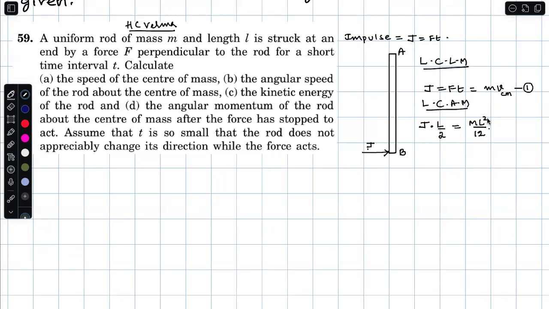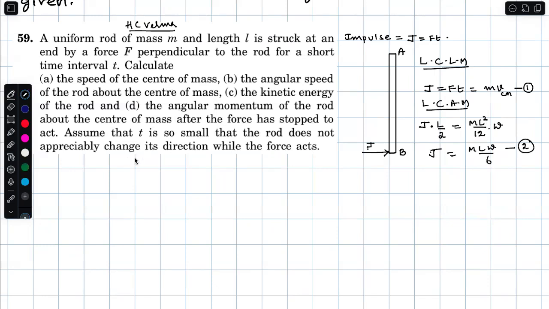So therefore, J into L by 2 equals M L square by 12 omega. With this you can write J as M L omega by 6, equation 2. So how many unknowns were there? V CM and omega are the unknowns. I have two equations.